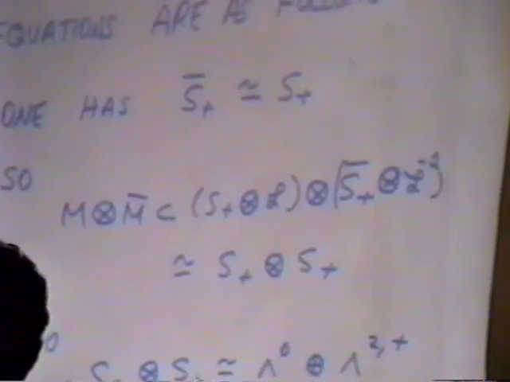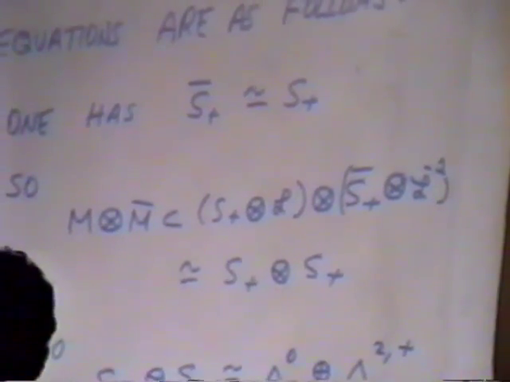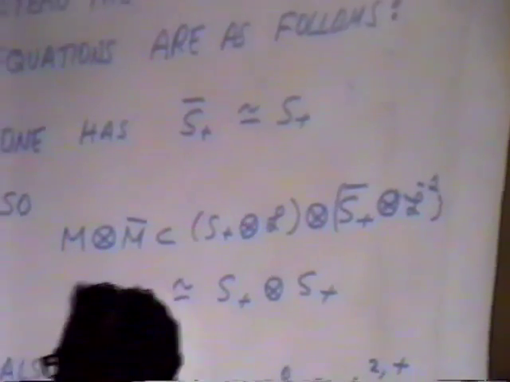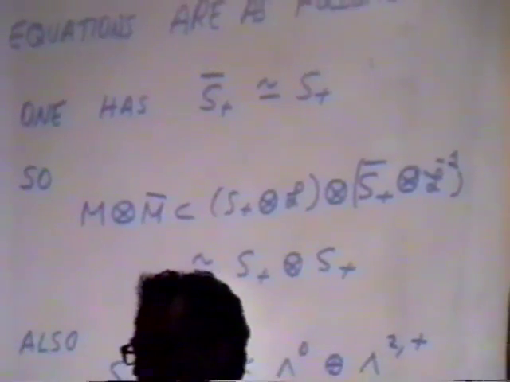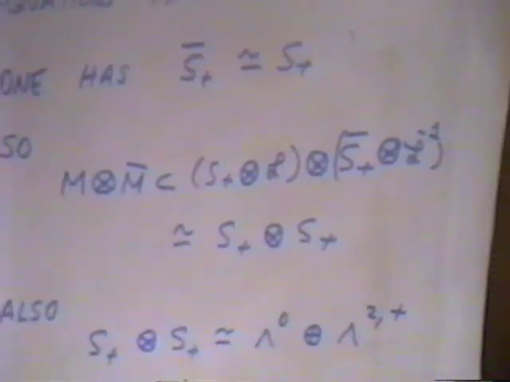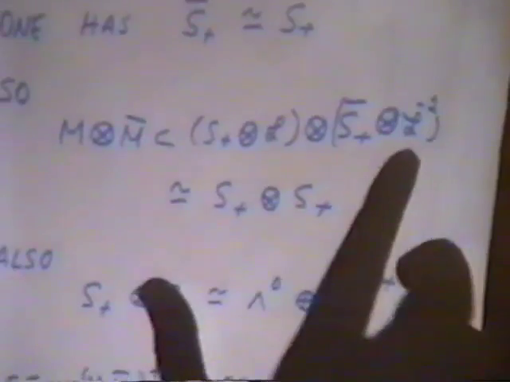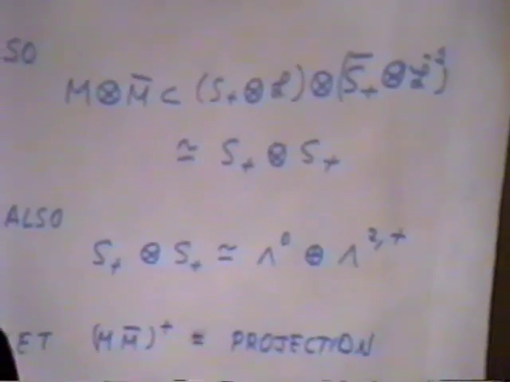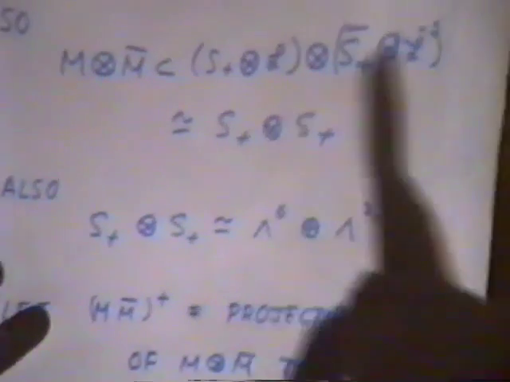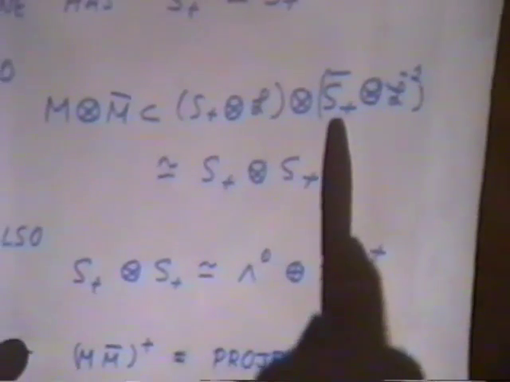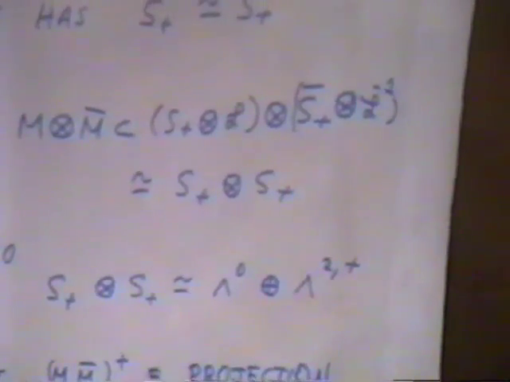I've identified L bar with L inverse using the unitary structure on L, which I may have neglected to mention. The connection was a unitary connection on this line bundle. So the L's cancel out, and using the fact that S plus bar is S plus again, M tensor M bar takes values in S plus tensor itself.